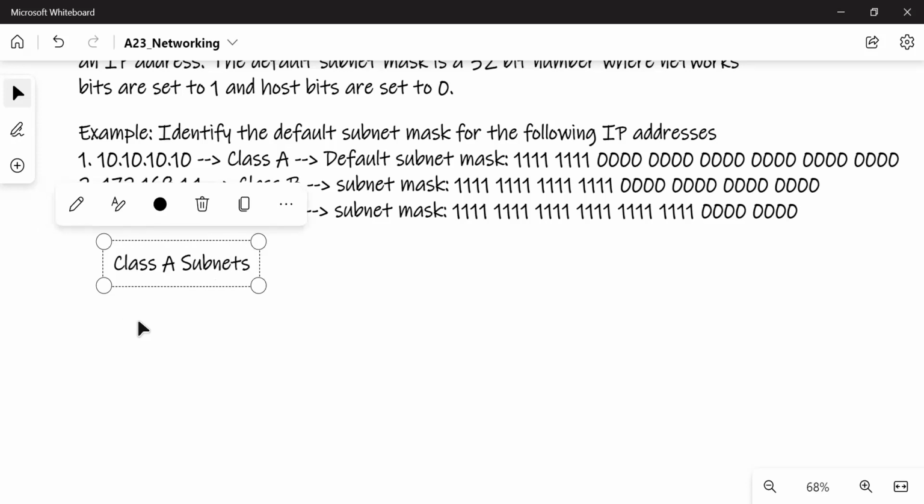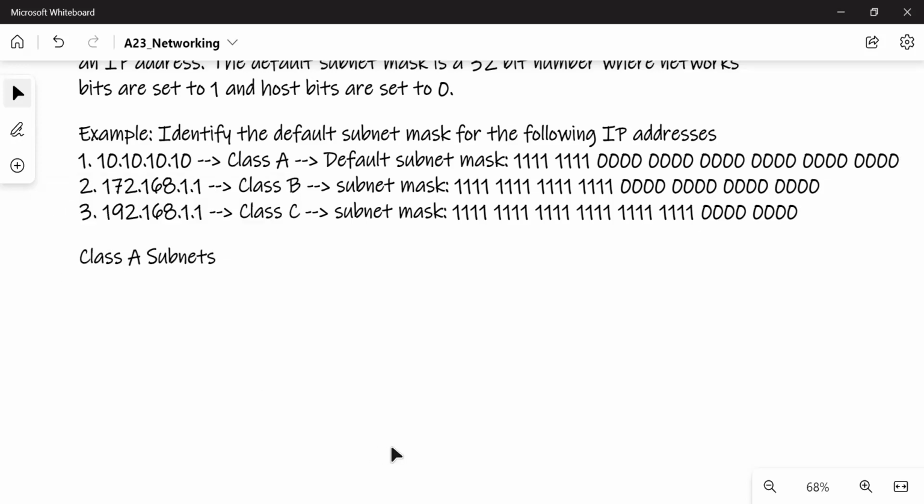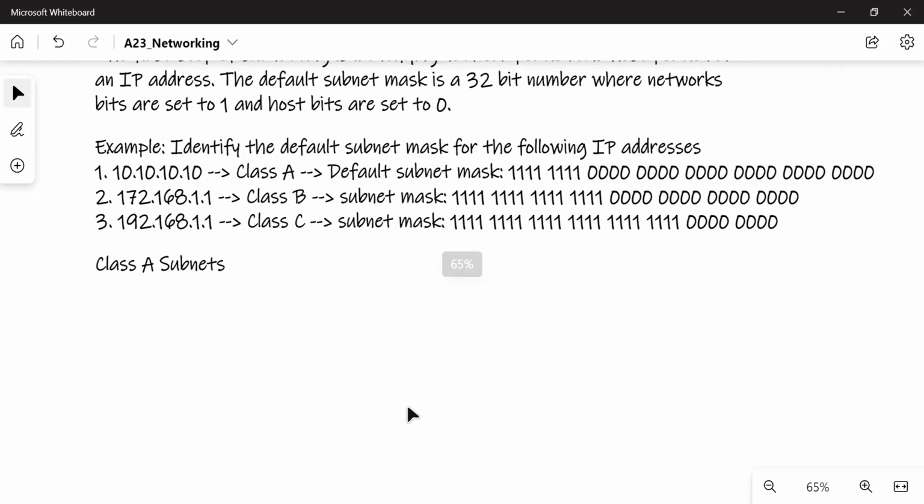The idea is I'm going to create subnets within class A.